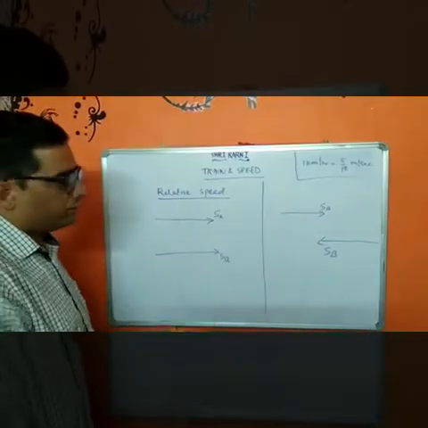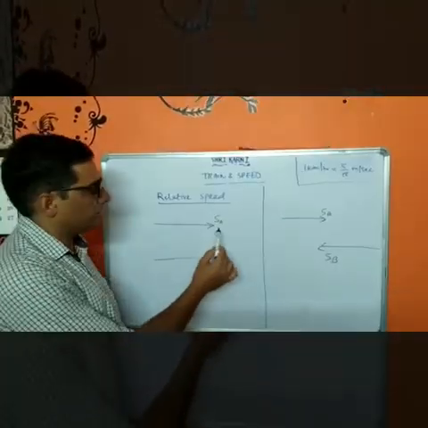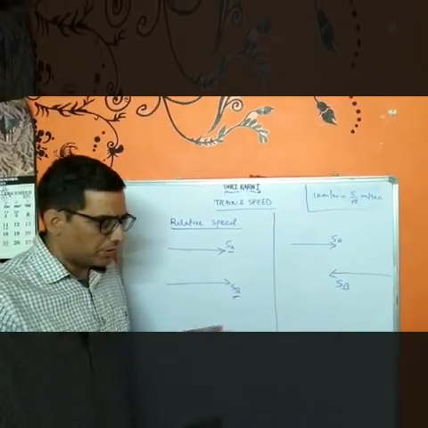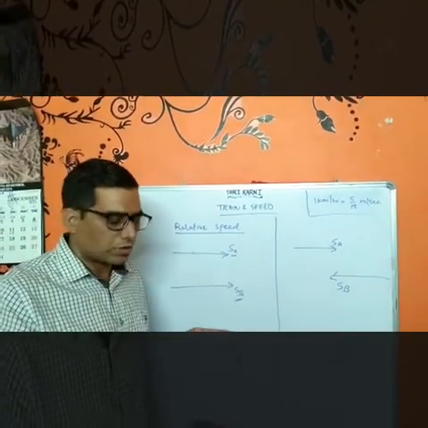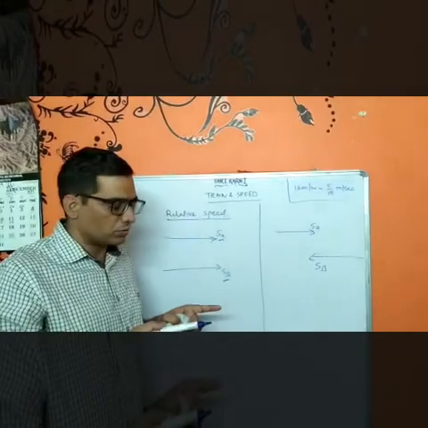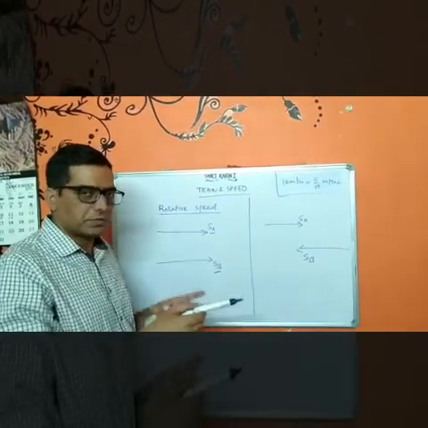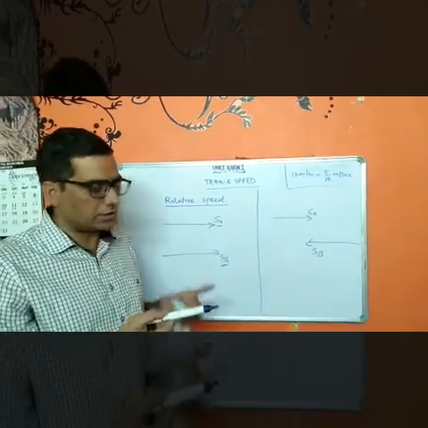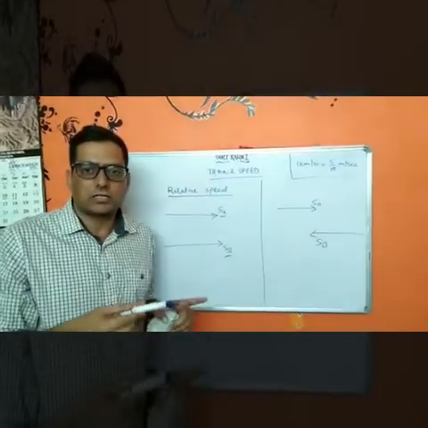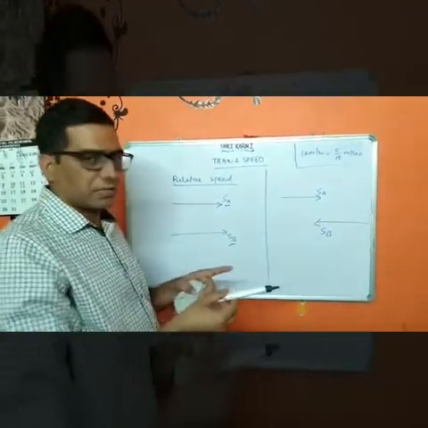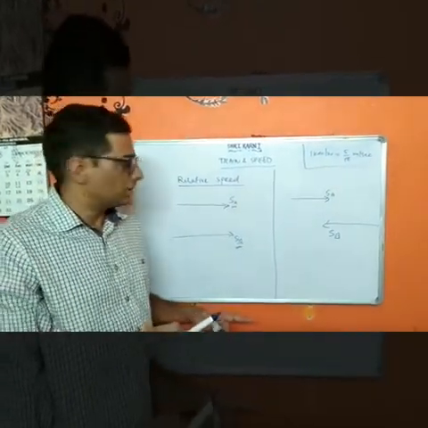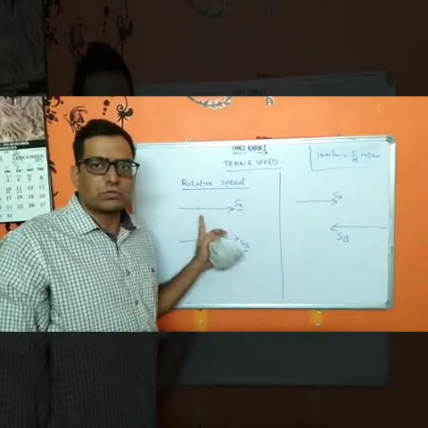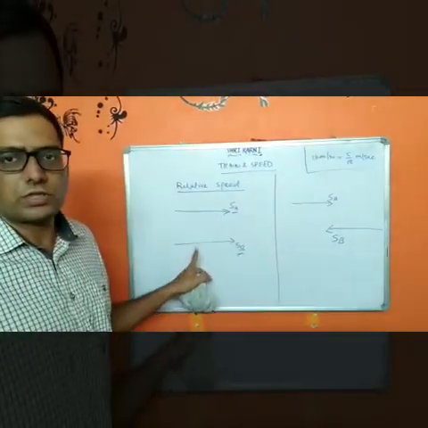So if train A is running at a speed of SA and train B is at SB, both running in the same direction, the relative speed will be equal to the difference of the speeds. Means if one train is traveling at 15 kilometers and the other is traveling at 5, then the relative speed will be 15 minus 5. And the total distance, as we know, is always equal to the sum of the lengths of the trains.